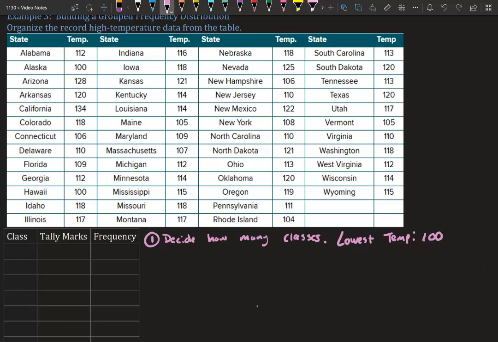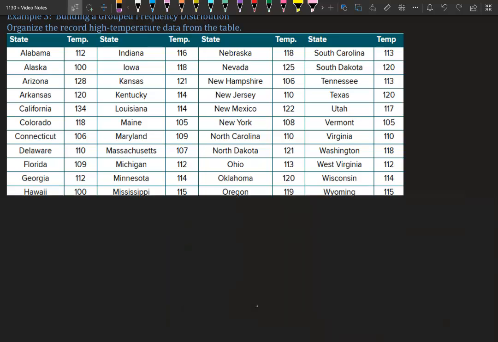Now let's look for the highest. So the highest temperature is probably going to be somewhere where there's a desert, like California or Arizona or New Mexico. So Arizona is 128, California is 134, Iowa 118, Kansas 121. All right, it looks like California wins it, 134 degrees.